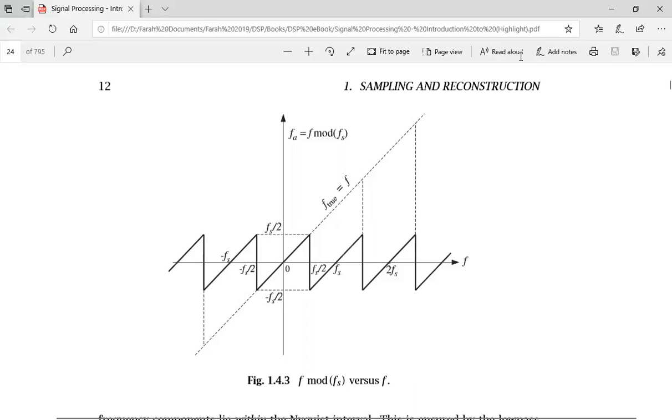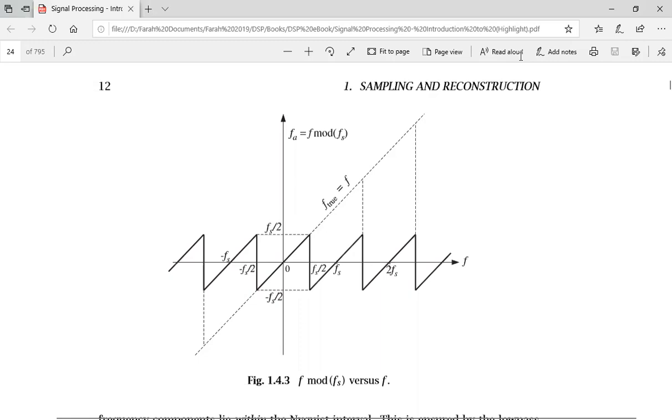And also your Nyquist interval, that is between minus fs by 2 till fs by 2, is also marked over this x-axis. What we observe from here: if your input signal f is between 0 and fs by 2, it means whatever your signal frequency is, it would be reconstructed as it is. It means the signal frequency would not be aliased, and the reconstructed signal would have the same frequency as your applied input frequency f.